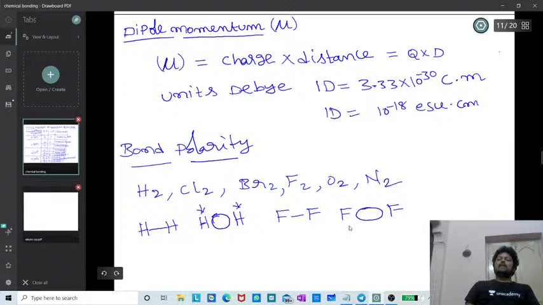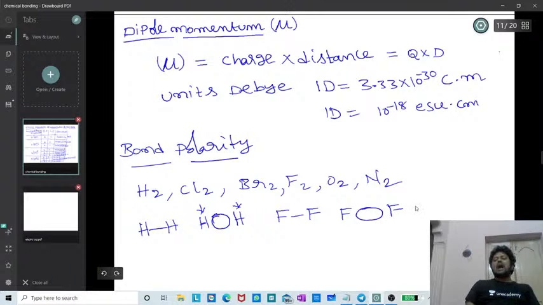Electronegativity is the ability of atoms to attract the shared pair of electrons towards them. Both have the same ability, so the electron cloud is symmetrically situated between the two atoms.